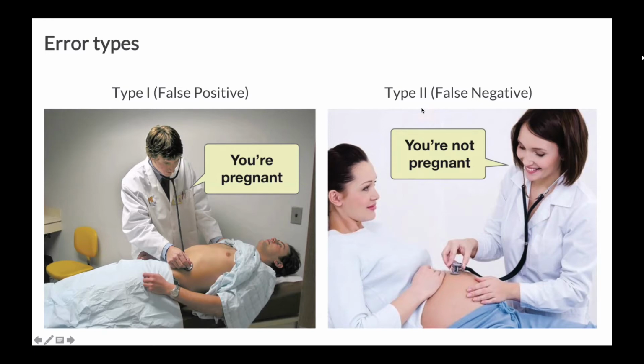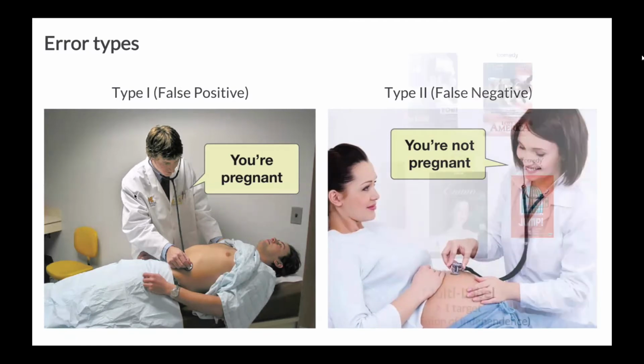So the first error is the false positive, and the second error, as you know, is the false negative. We have an example here, and it's all about reducing these types of errors in binary classification.